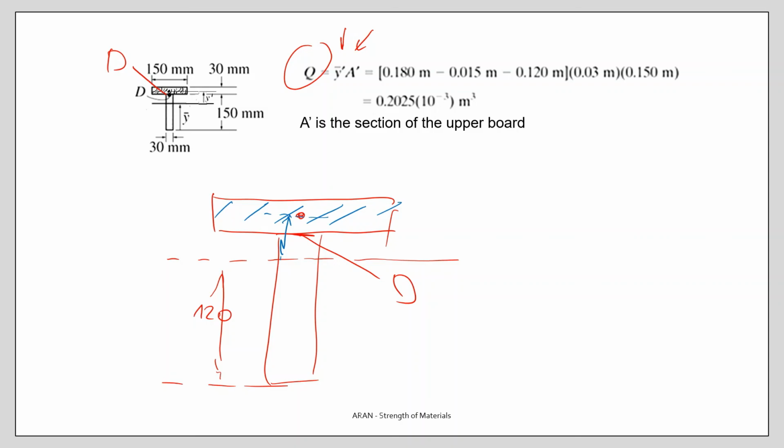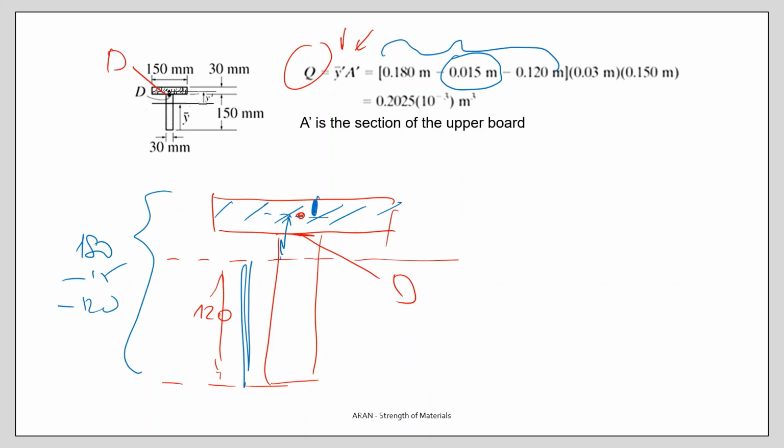You can determine it by taking this value, that's altogether 180, minus 15, and minus this value, that's minus 120. So this is the distance of the centroid from the neutral axis. And the area is not a problem, 30 times 150, then you have your Q value.